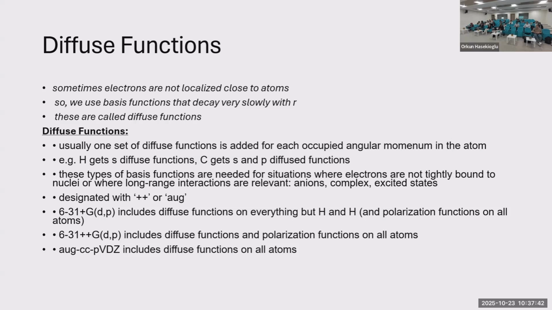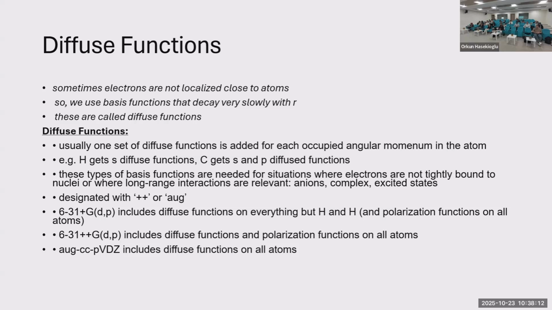For example, hydrogen gets s diffuse functions, carbon gets s and p diffuse functions. These types of basis functions are needed for situations where electrons are not tightly bound to nuclei or where long-range interactions are relevant, such as anions, complexes, and excited states. They are designated with plus plus or aug for augmented.